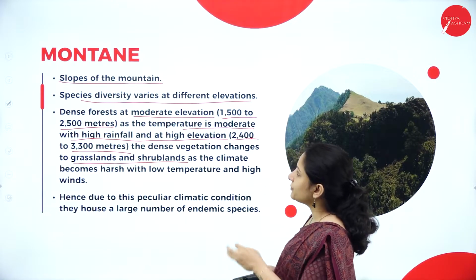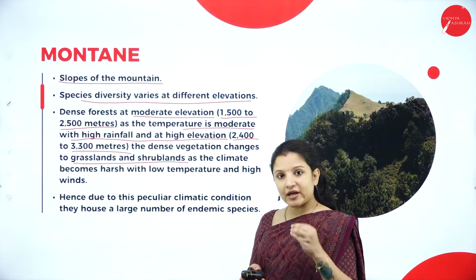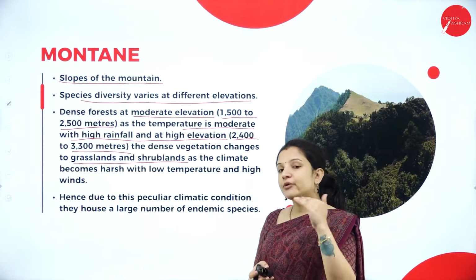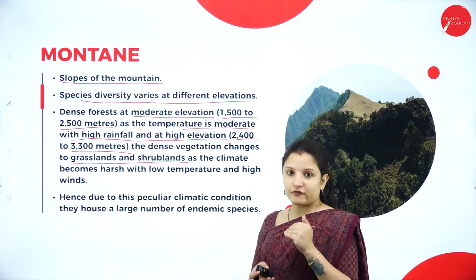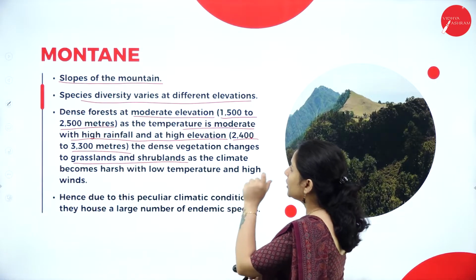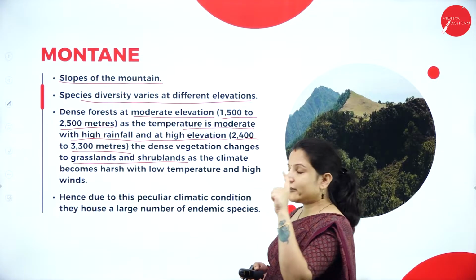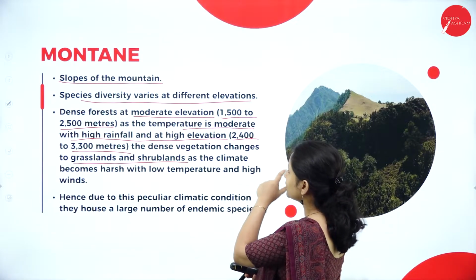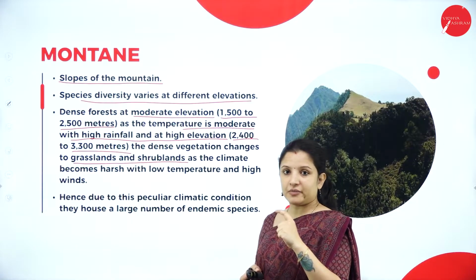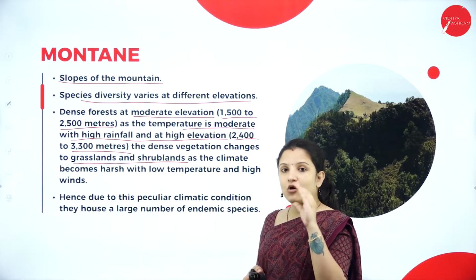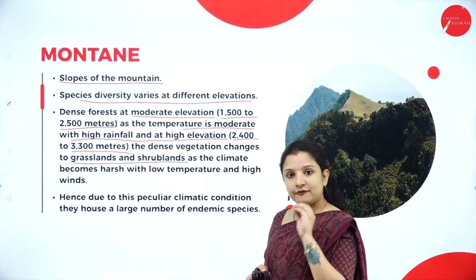I told you the species diversity varies within the mountain itself, because a mountain is nothing but the slope of the hill, right? Here, when we take a height of the mountain of 1500 to 2500 meters, up to that height the mountain will have very dense forest.